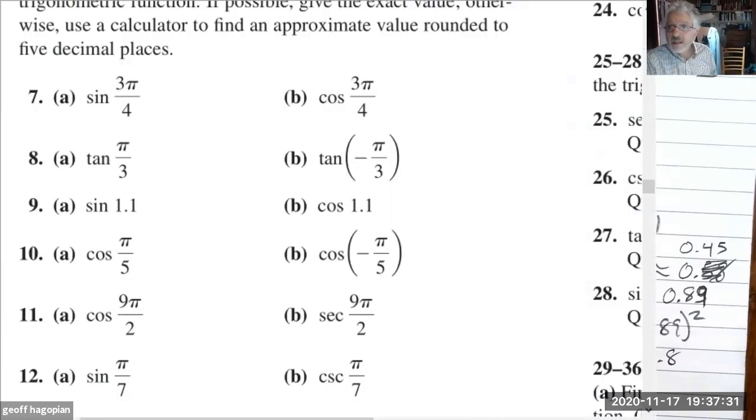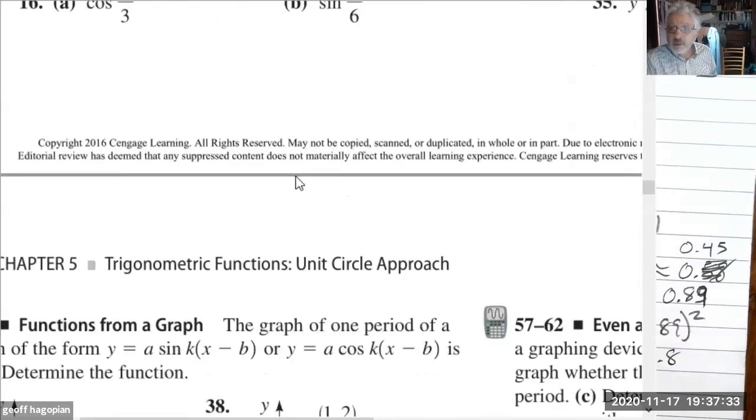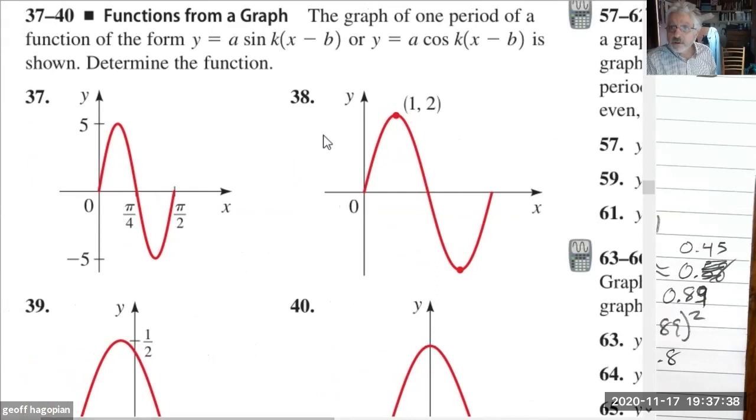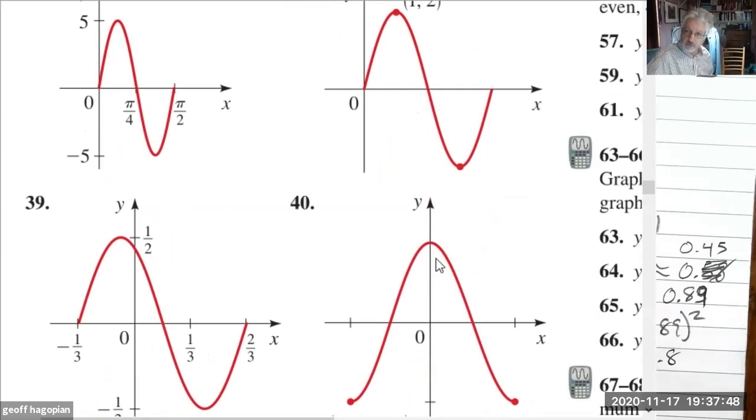So we got a bunch more of those. They say here, function from a graph. You can make a graph of the function, or you can say, given this is the graph of a sine function, what's the formula? Alright, so let's do number 39 here.